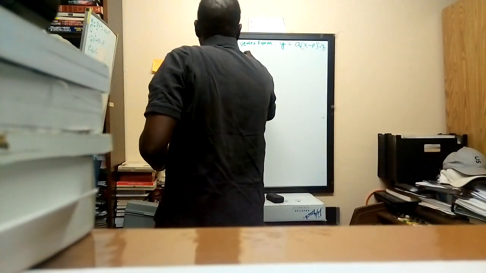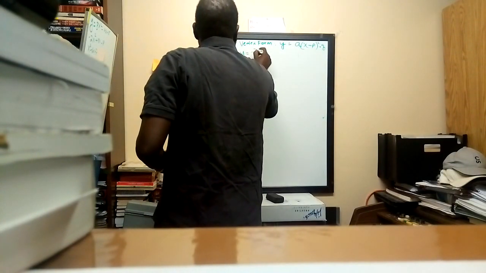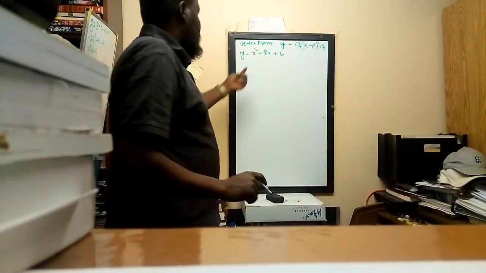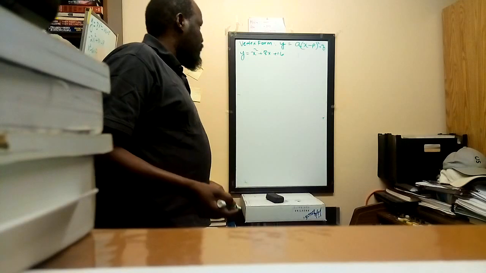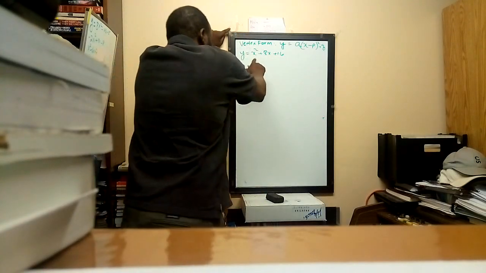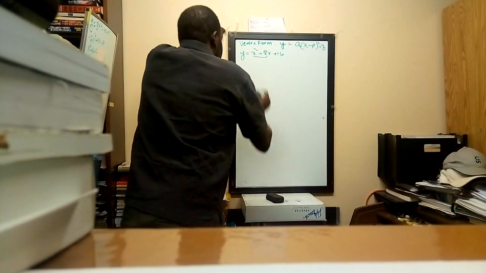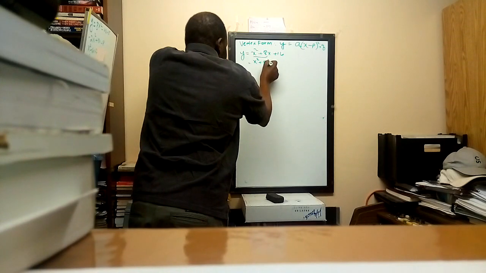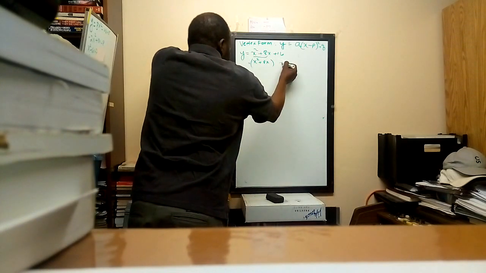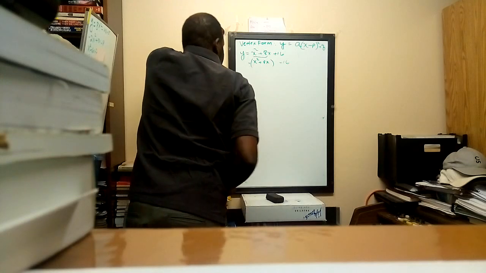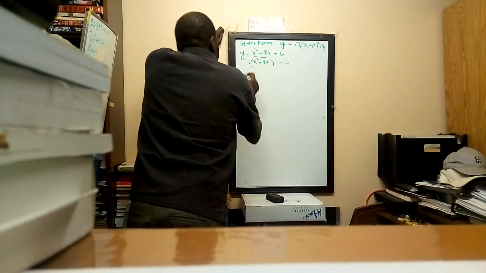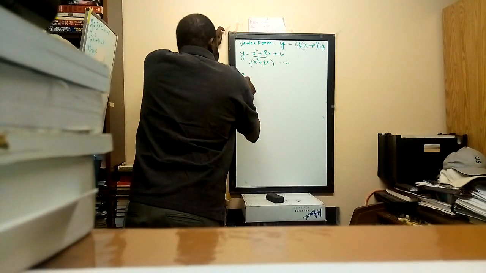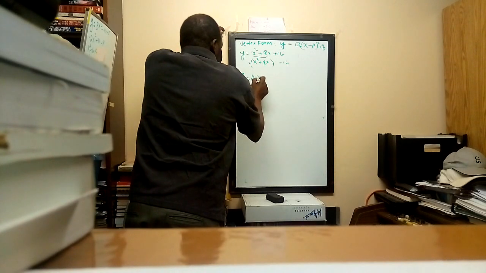Another problem we are going to solve: y is x squared plus 8x plus 16. This one we have to transform into vertex form. So let's isolate x squared plus 8x. We use brackets to isolate it from 16. Then we complete the square by dividing the coefficient of x by 2, which gives us 4, and we square that.